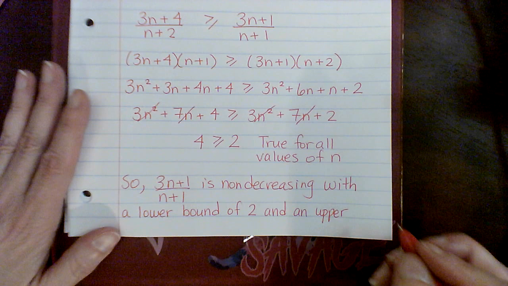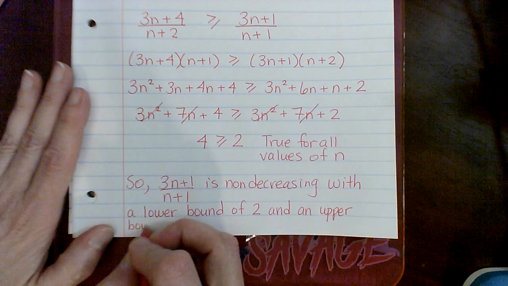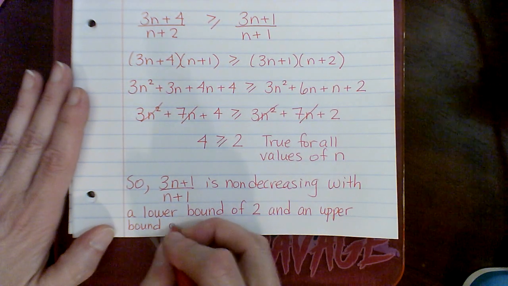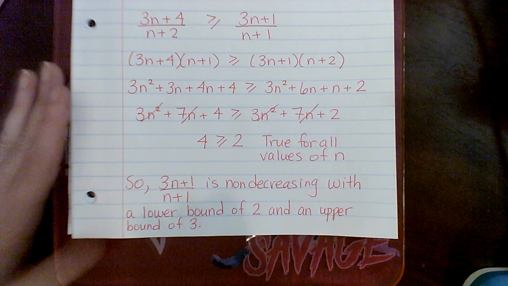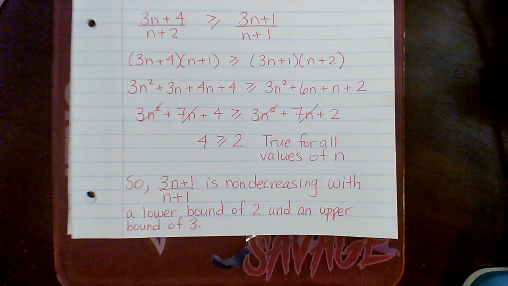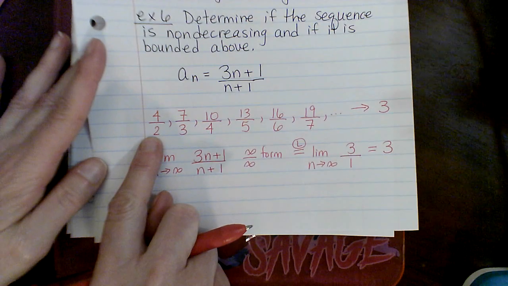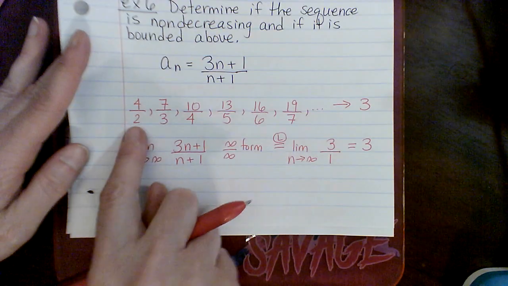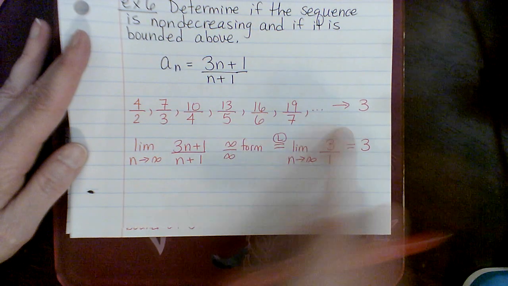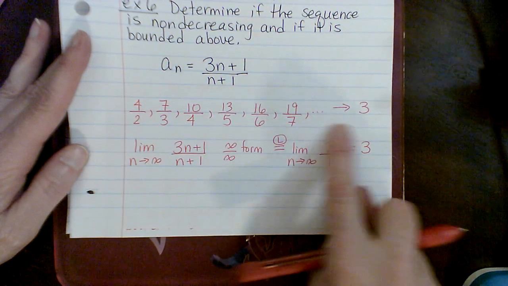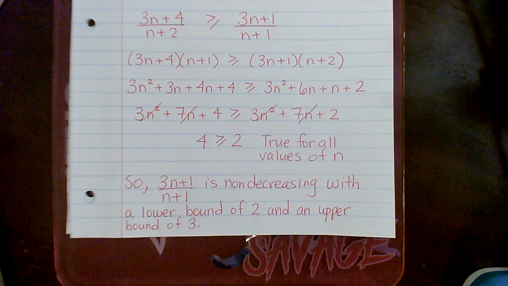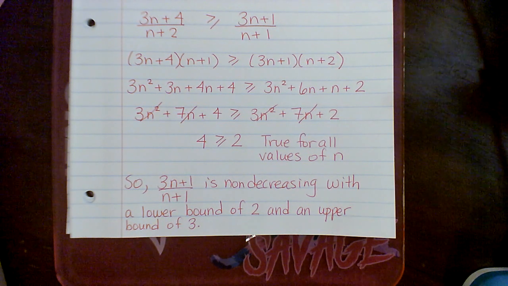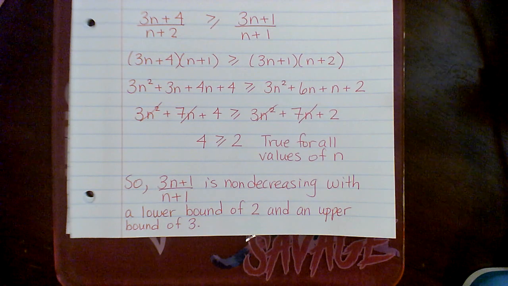It's okay. So why did it have a lower bound of 2 and an upper bound of 3? The lower bound of 2 came from right here. We just showed that it was non-decreasing, so that means it's increasing or constant from 2 all the way to 3. Okay, so that finishes this section. So this concludes section 9.1.